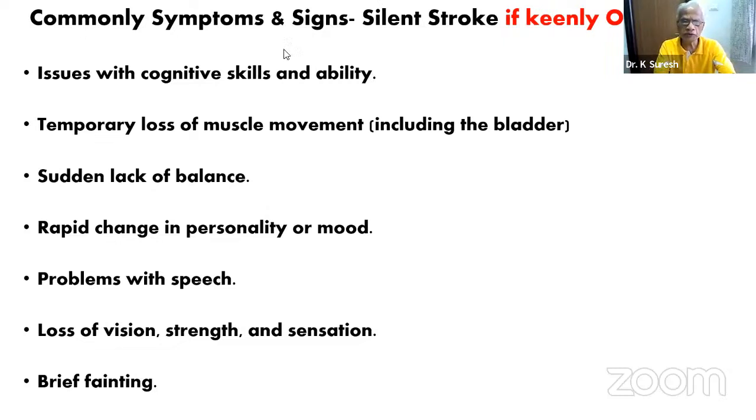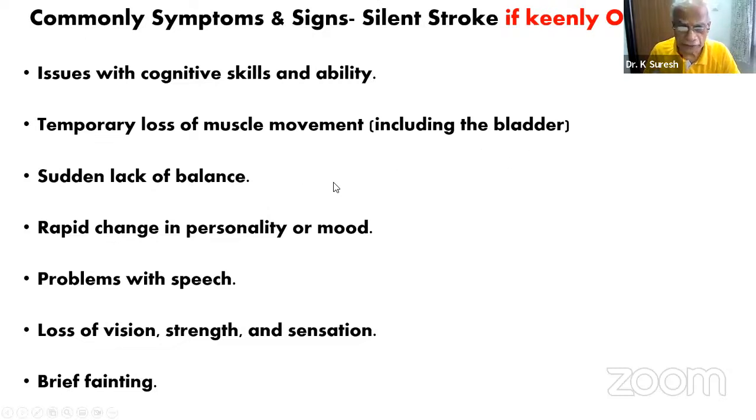So people don't remember, forget, but this also happens in the routine aging process. So how do you doubt that? Then there is a temporary loss of muscle movement, particularly where urinary bladder control goes. Once people are not able to control the urine, there is reason to suspect.